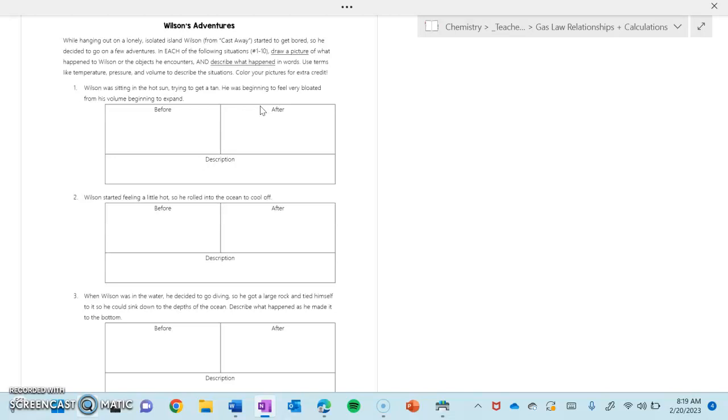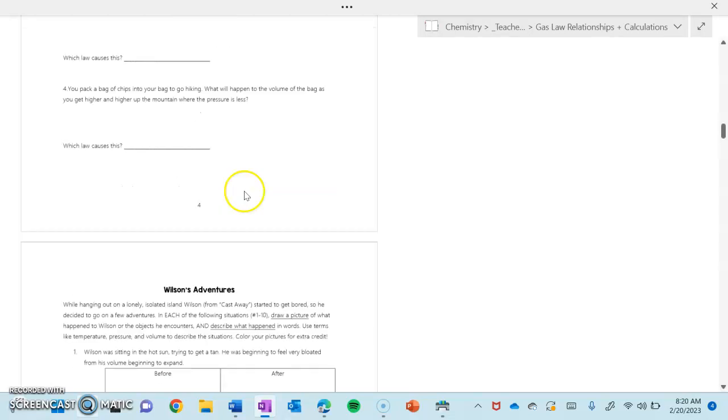So here goes the story. While hanging out on a lonely, isolated island, Wilson started to get bored, so he decided to go on a few adventures. In each of the following situations, draw a picture of what happened to Wilson or the objects he encounters and describe what happened in words. I'm also going to be okay with arrows like we did on the previous page.